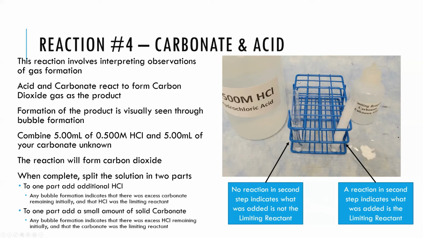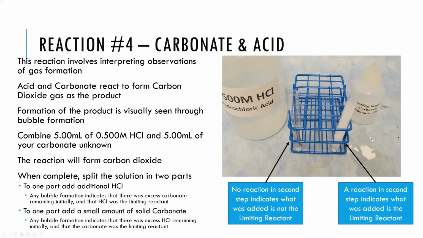So you mix those two things together, and then you're performing this secondary test. If there's no reaction or no bubble formation from adding one of those materials, that means it is not the limiting reactant in that 5 milliliter and 5 milliliter combination. If there is a reaction, that means there was excess of the other component.